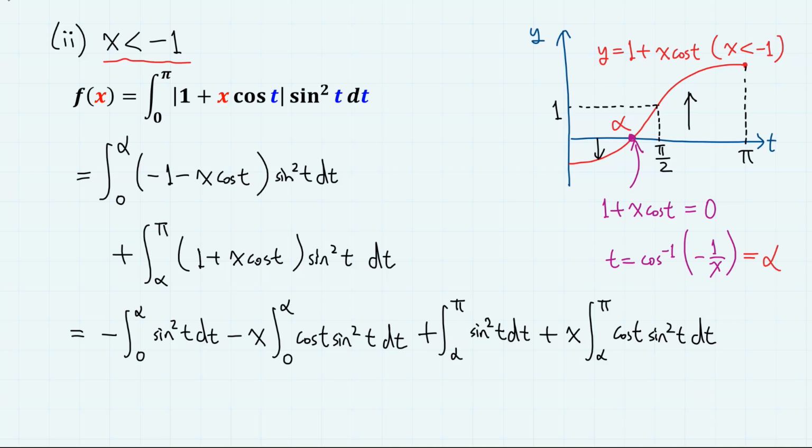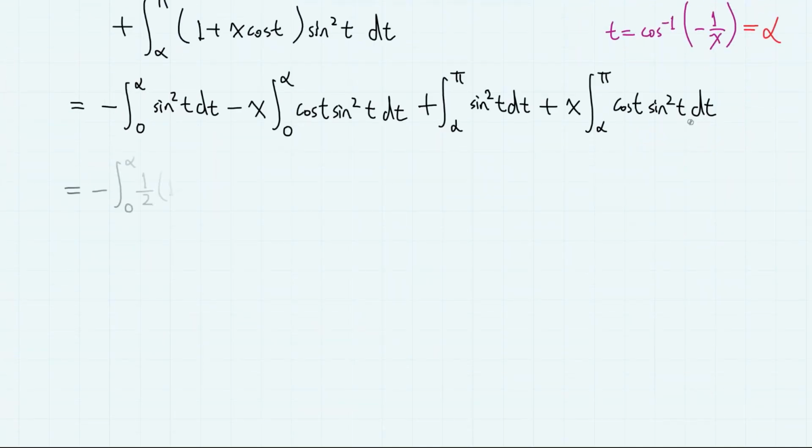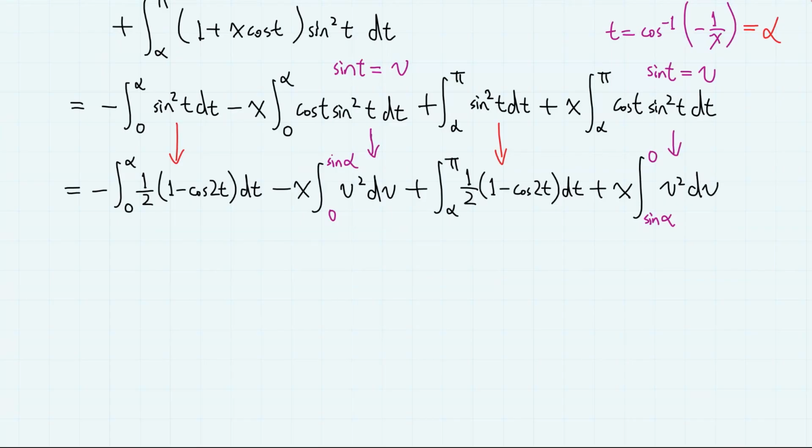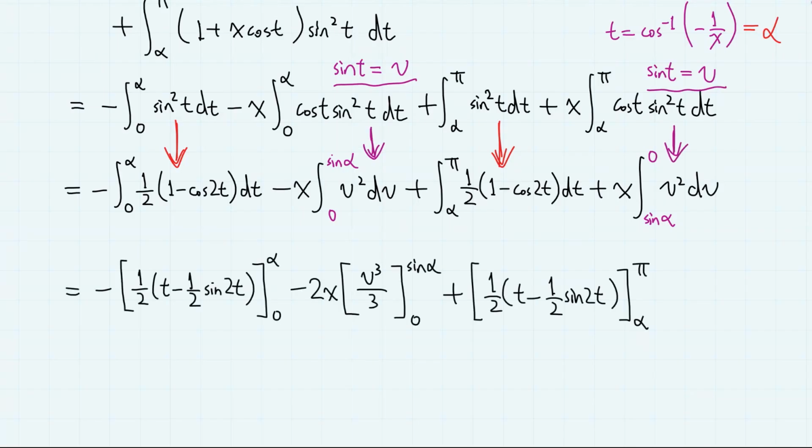And now you know the drill. First, we split the integrals. Then we use the half-angle formula here, and the substitution sine t equals v here. So we obtain these antiderivatives. And again, these two are combined.